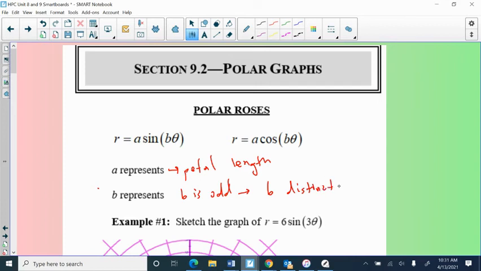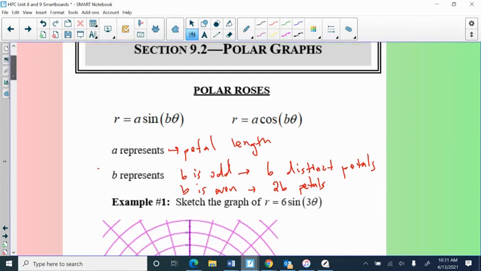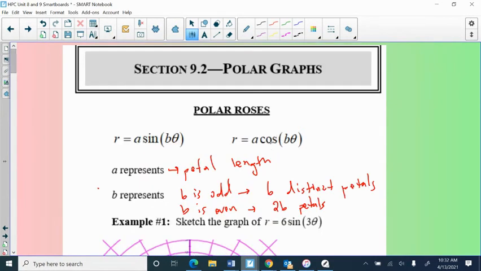When B is even, then you're going to see 2B distinct petals, okay? And already now, knowing that, if I were asked to graph this by hand, I would know that there'd be 3 distinct petals because of that coefficient 3, and the length of each petal would be 6.